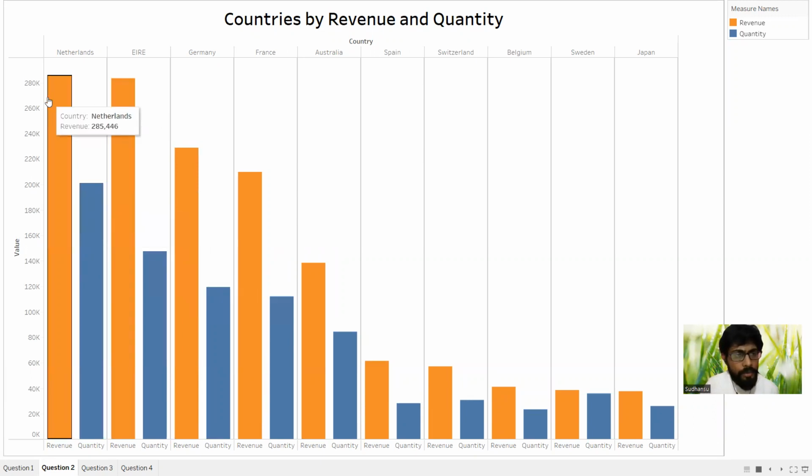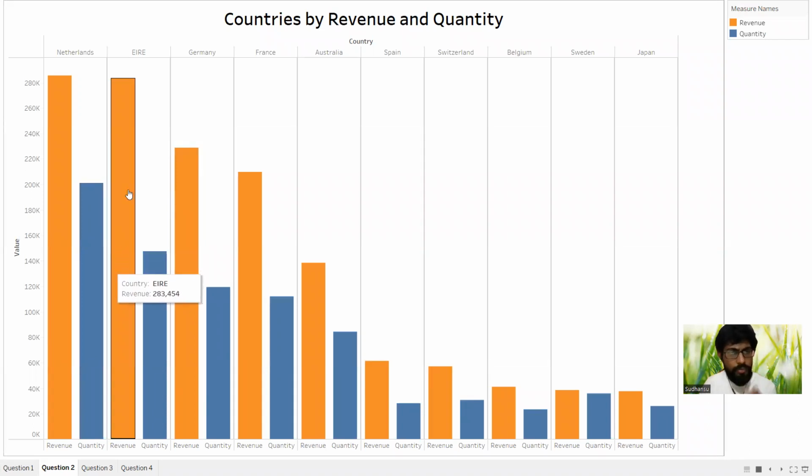So apart from UK, we have looked at other countries which are performing well, where we can go on expanding the retail online store. We have seen that the Netherlands and Ireland are performing very well, having high revenues even with the number of items sold, and following that Germany and France are doing good.